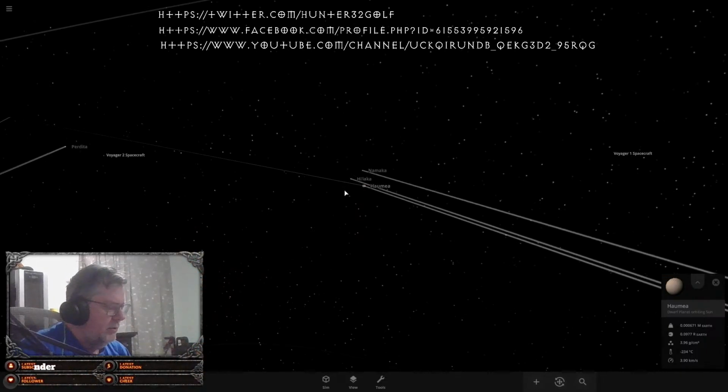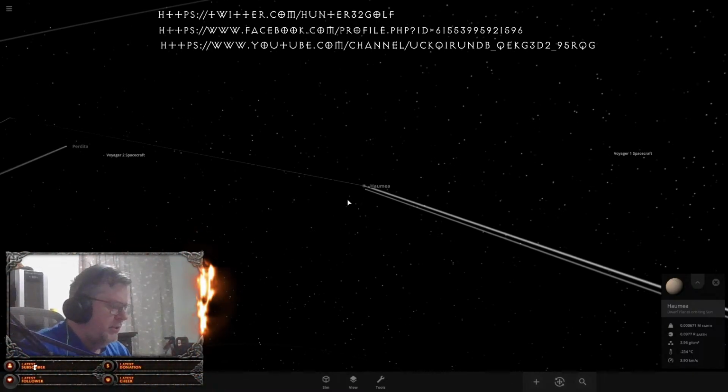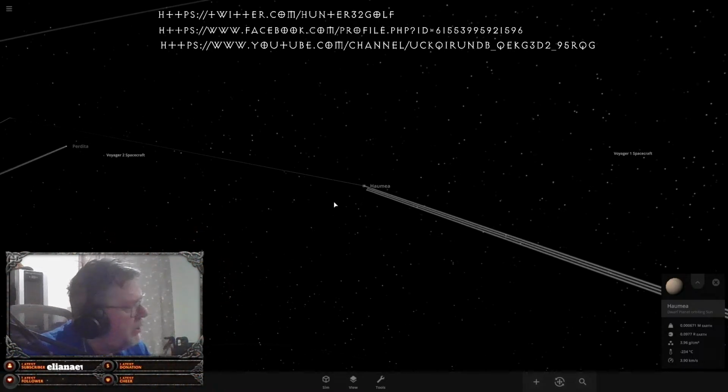Then it takes about 283 years for Haumea to orbit the sun with an orbital distance of 39 to 51 astronomical units and a semi-major axis of 43 astronomical units.